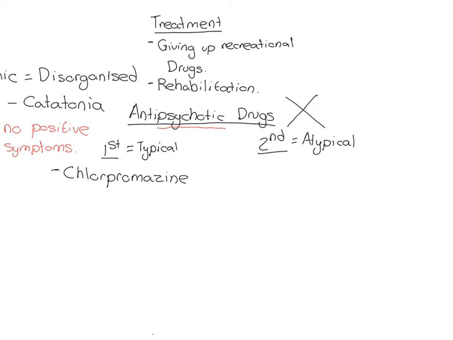So the next first generation antipsychotic drug that I want to talk about is actually still clinically used, and it's a very important one, and it's haloperidol. Very powerful drug, very strong drug, old drug. It's not a new drug, it's an old one, but it is very effective.